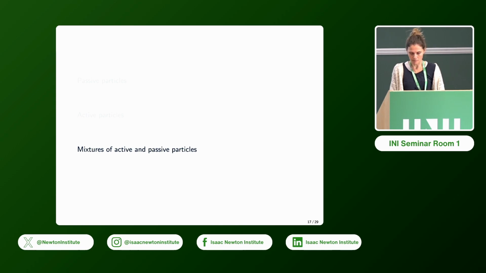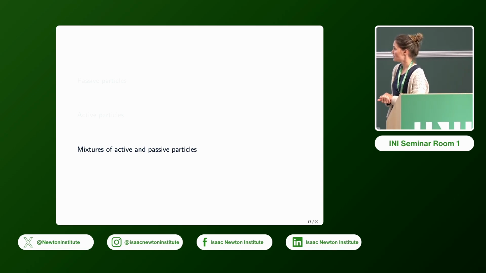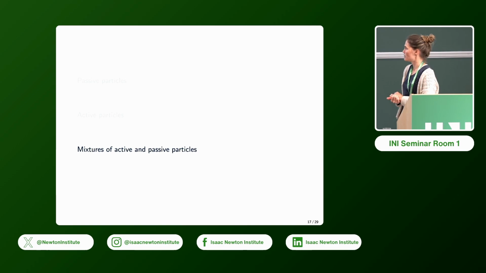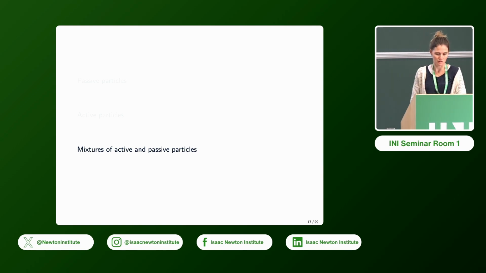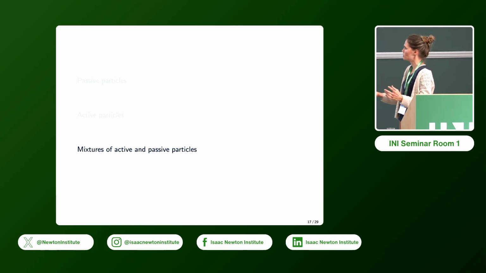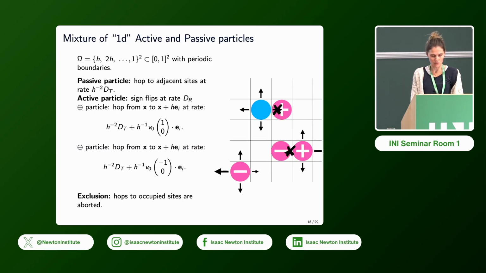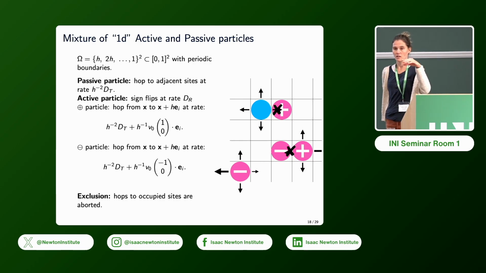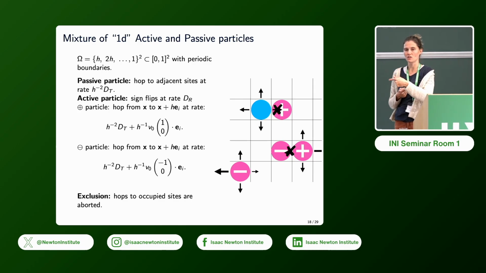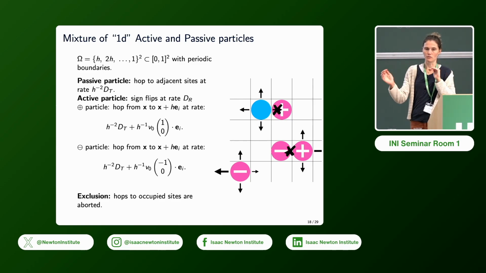Okay, so I'll show you now, well, we have these models of particles on a lattice where we just have passive particles, and then this model with active particles. And so kind of an obvious question is, well, if we put these two together, what happens? The model that we considered for this is a slight simplification of the model in this second part, in the sense that rather than having a continuous orientation, we just fix it to be left or right movers.